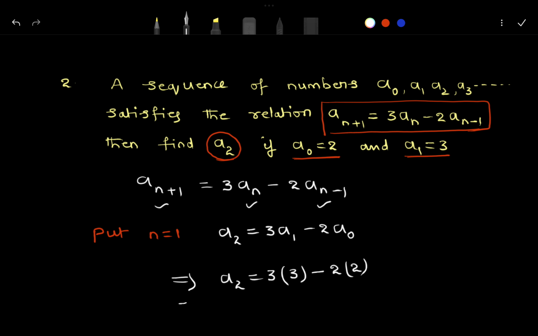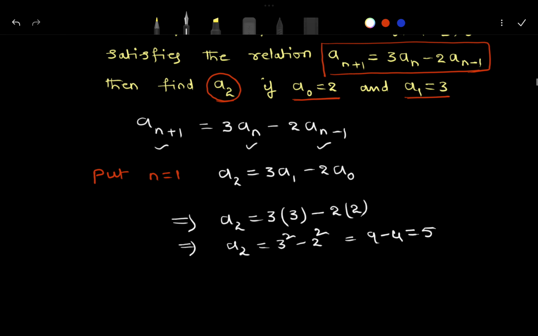So a2 is equal to 3 square minus 4, that is equal to 9 minus, sorry, not 4 square, it is 2 square. So here this one is 9 minus 4, and 9 minus 4 is equal to 5.